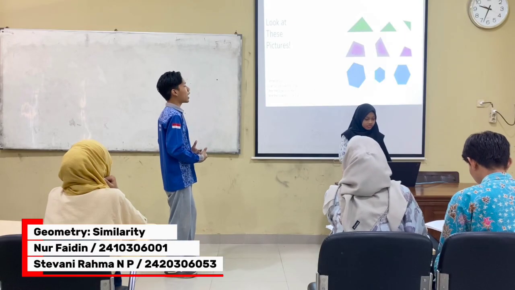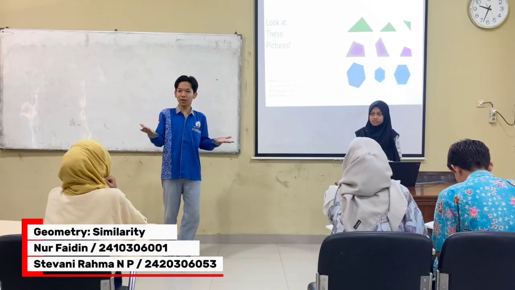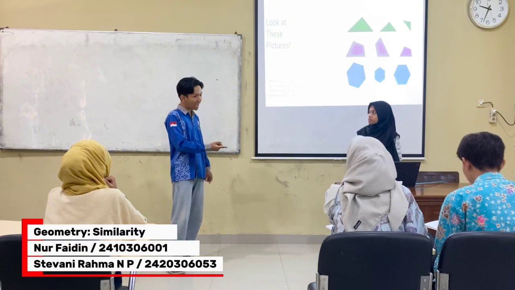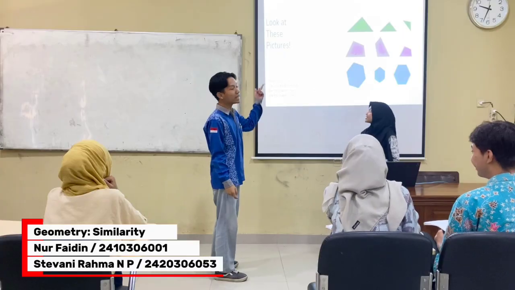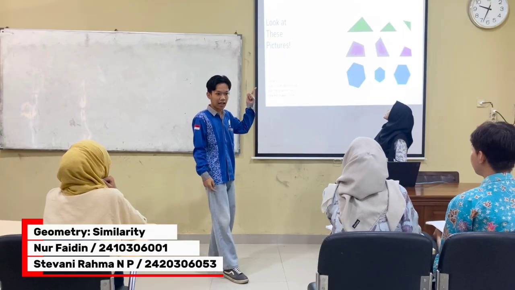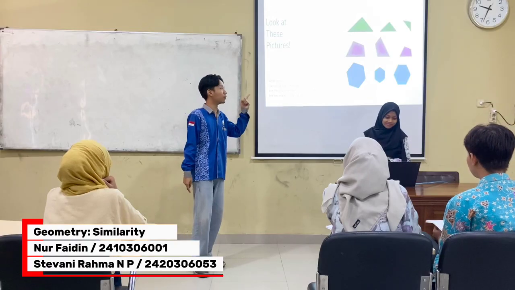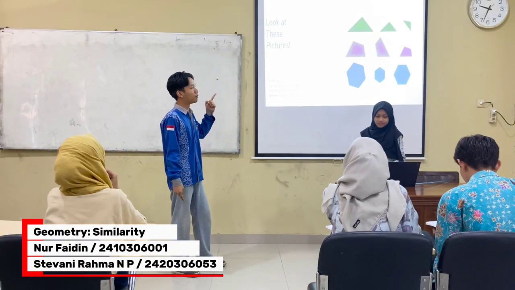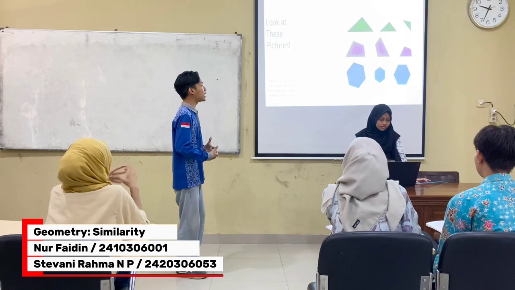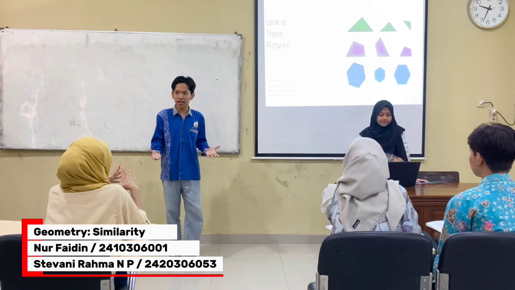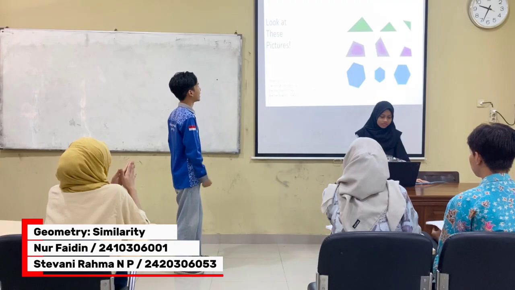Are the shapes in each color the same shape? Look at this picture. Green is a triangle, purple is a trapezium, and blue is a hexagon. Are the shapes in each group the same size? No, right. Okay, next.